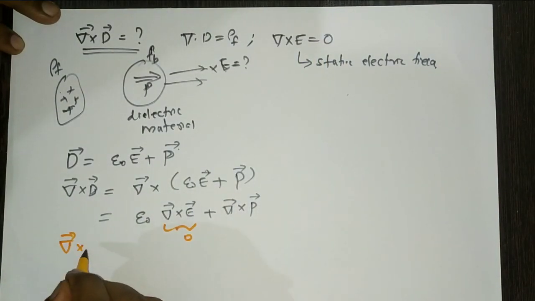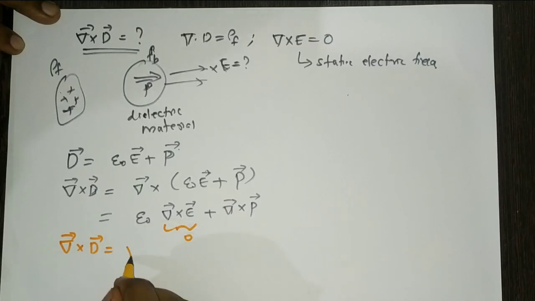Therefore, del cross D is nothing but del cross P.